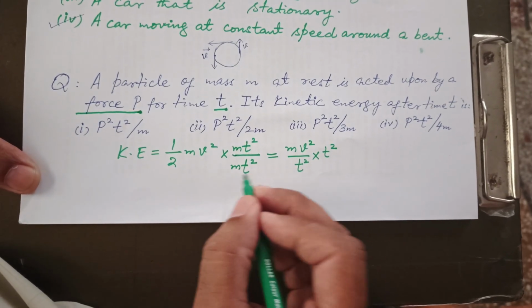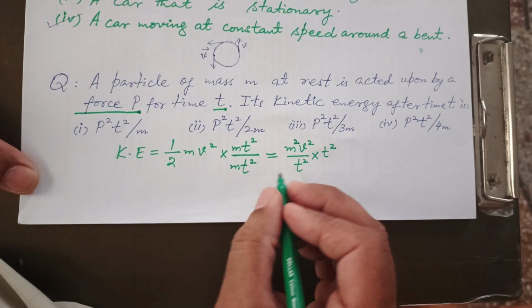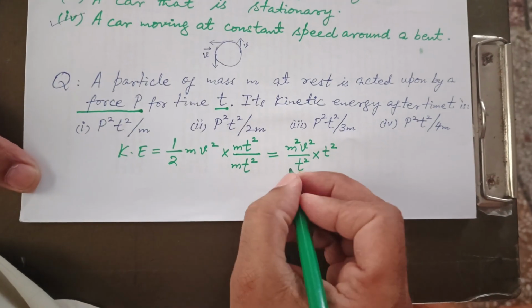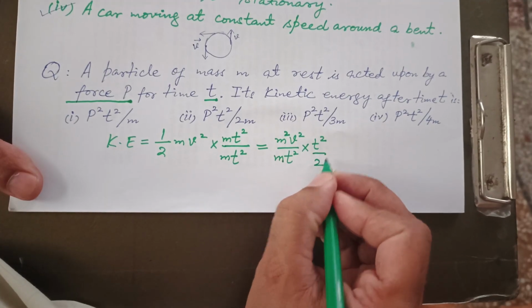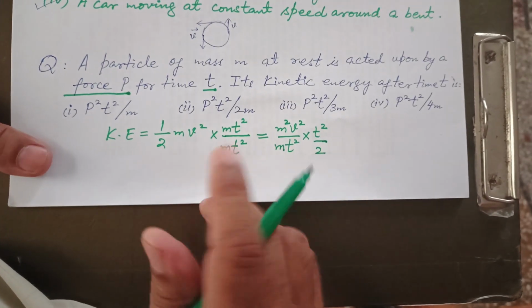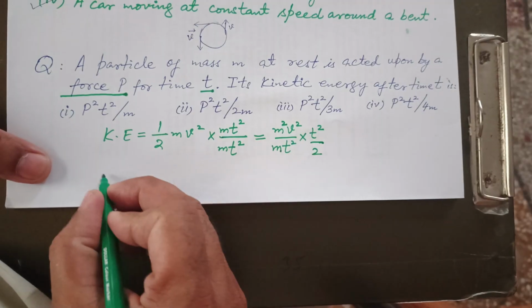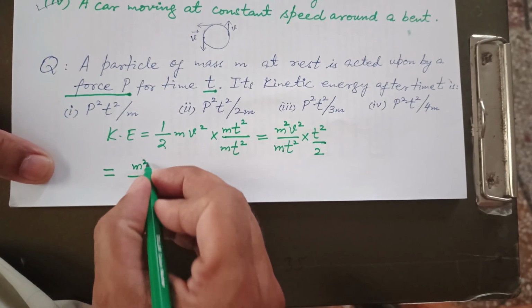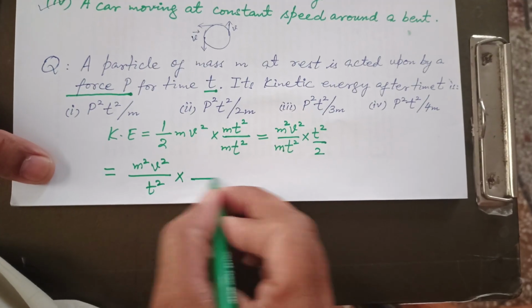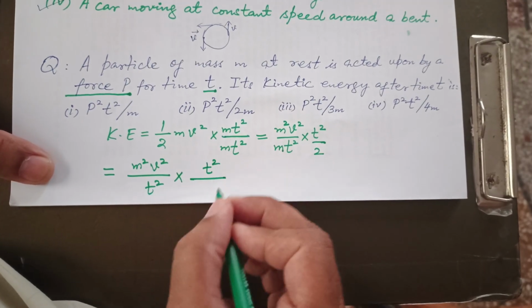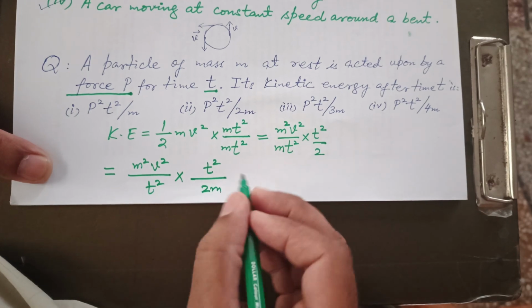So we'll do it, and we'll get m square here, and m here. This 2 is also there, which is written in the bottom. So you can see this becomes m² v² over t², and here we are left with t² over 2m.